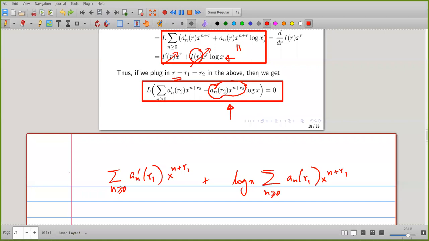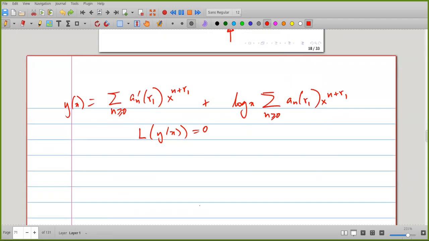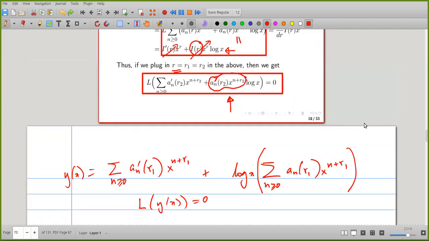Here R1 is equal to R2. Plus the summation n greater than or equal to 0, I'll write this as log x, a n R1 x to the power n plus R1. This is the function, let me say y of x. So L of y of x is equal to 0. Now notice that this is our first solution. So obviously this solution should not be equal to the first solution.